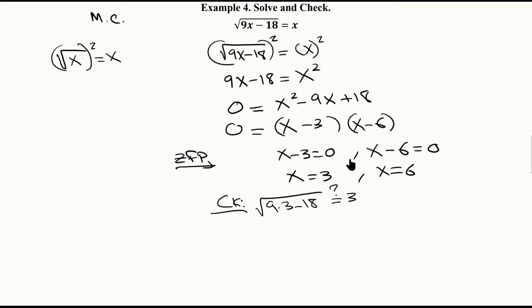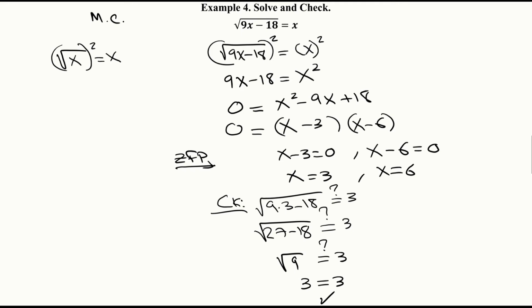We're just substituting 3 every place we see x in the original equation. So we want to know if the square root of 27 minus 18 is equal to 3. 27 minus 18 is 9, so we're trying to see if the square root of 9 equals 3. At this point, we know that 3 does equal 3, so 3 made the original equation true, so it is a solution. And we don't need the question mark anymore.